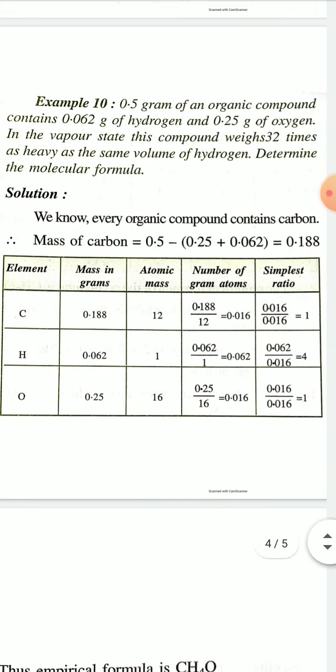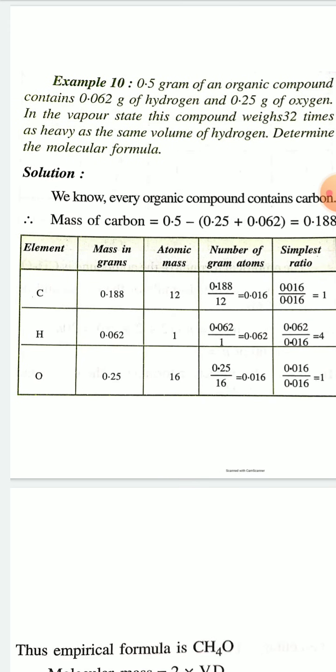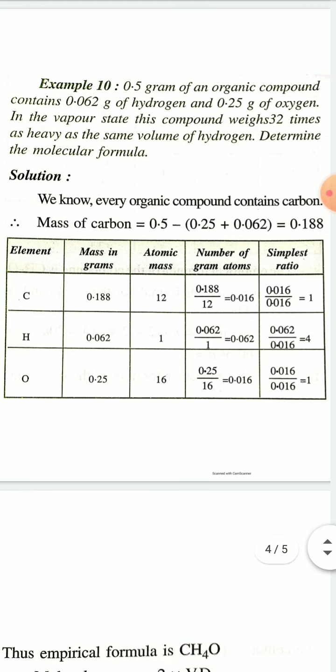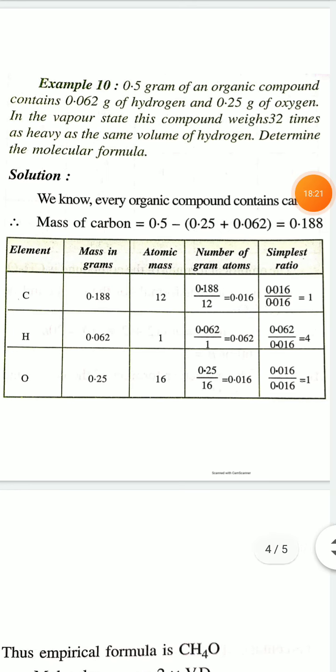Similarly, in question 10, 0.5 gram of an organic compound contains 0.062 gram of hydrogen and 0.25 gram of oxygen. The percentages of hydrogen and oxygen are given, and it is told that the compound is an organic compound.